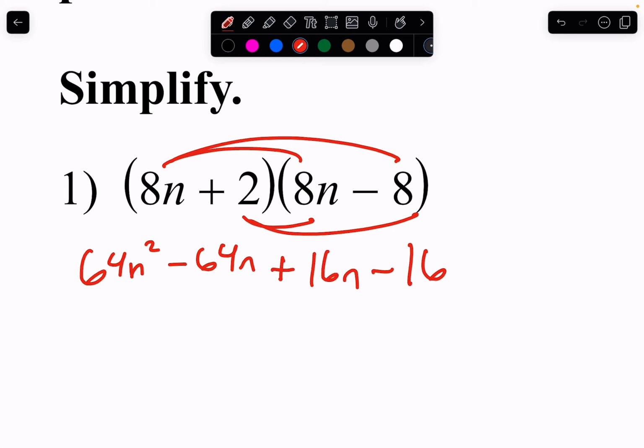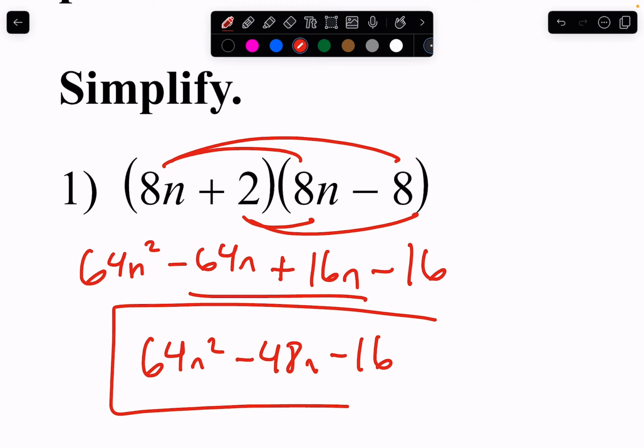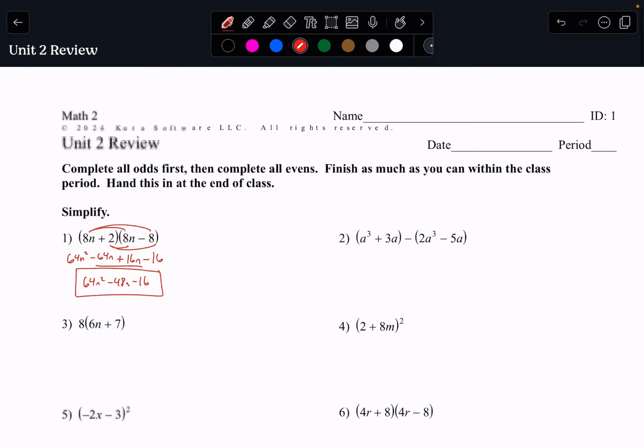Sorry. All right, so then at this point you check to see if you can combine like terms, which you can. These guys are like terms, so we get 64n squared minus 48n minus 16. And that would be our answer there.